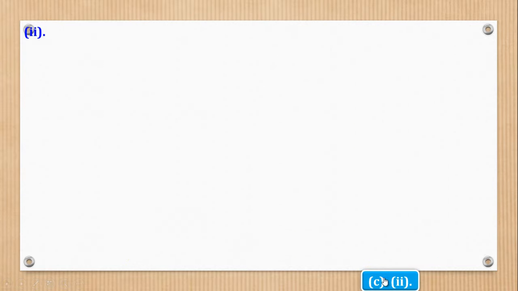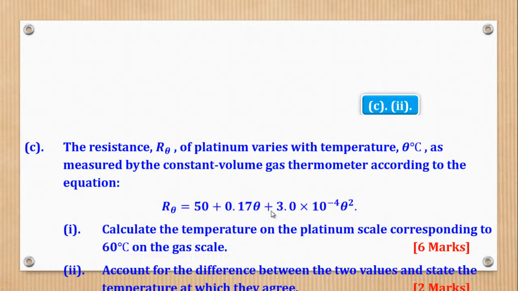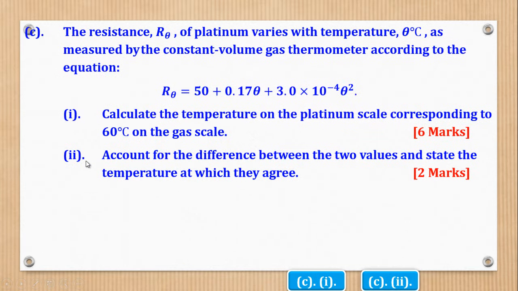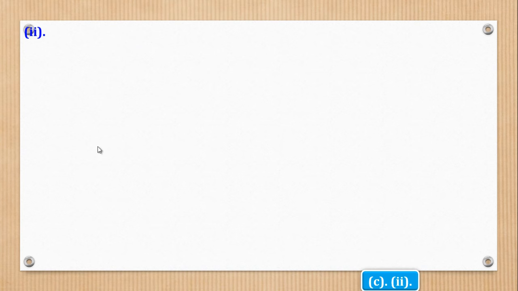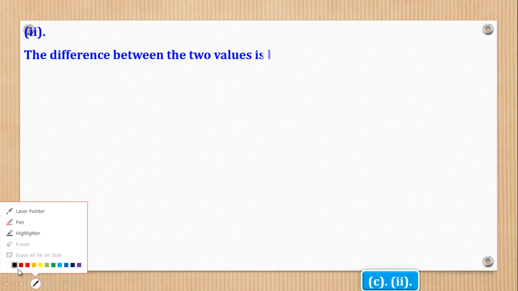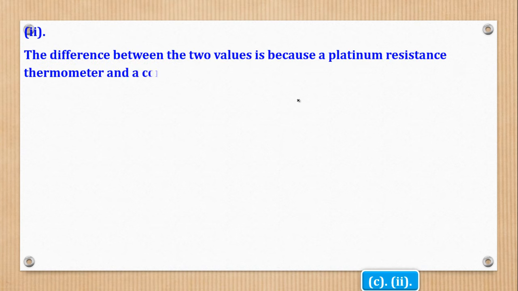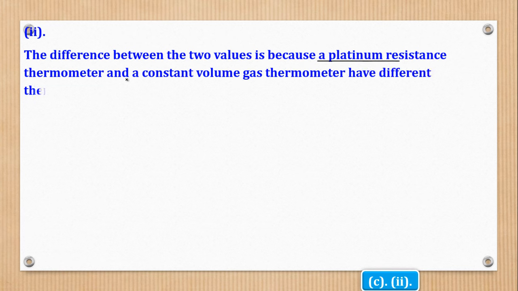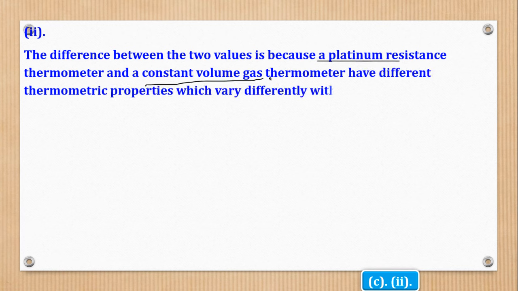So now we shall go to part C, Roman 2. Part C, Roman 2 says, account for the difference between the values and state the temperature at which they agree. So the difference between the two values is because platinum resistance thermometer and constant volume gas thermometer have different thermometric properties.